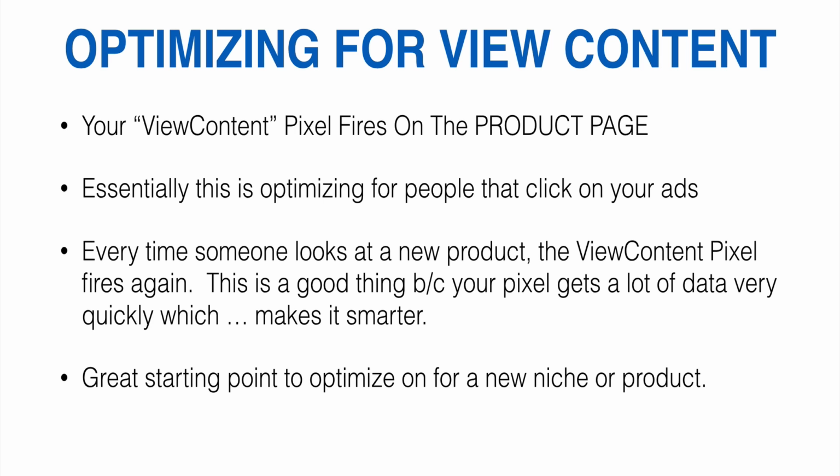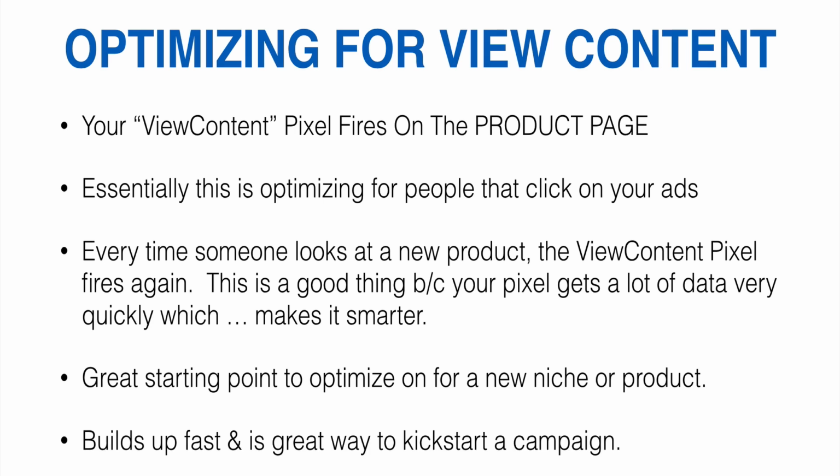All right, so this is a great starting point to optimize on for a new niche or a new product. And these types of campaigns build up fast, and it's a great way to kickstart a brand new campaign, because think about it. It's really easy to get clickers and people to start viewing your pages. So you end up getting a lot of clickers and a lot of browsers very quickly. And this pixel gets a lot of data, right?